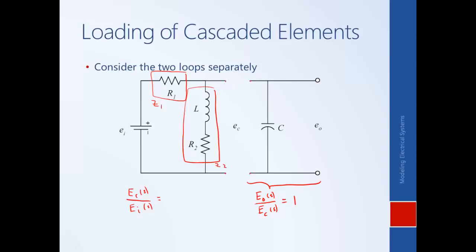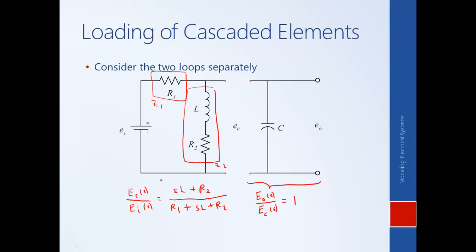So the transfer function of a voltage divider is Z2 divided by Z1 plus Z2. Z2 we can think of as the sum of these two impedances because these components are in series. So we have the impedance of the inductor plus the impedance of the resistor, that is Z2. And then we divide it by Z1, where Z1 is R1, plus Z2, where Z2 is SL plus R2.